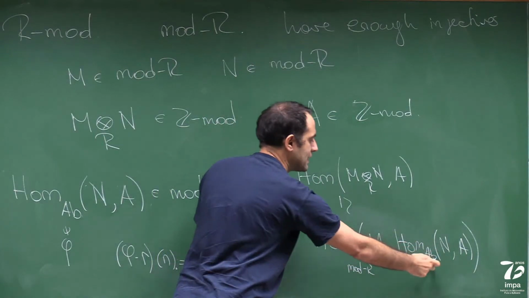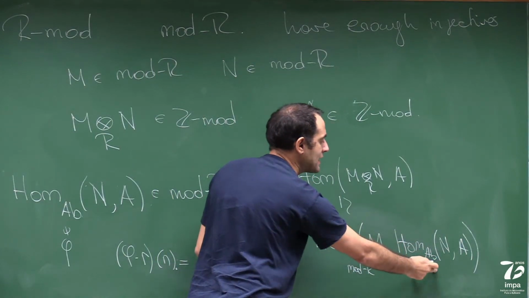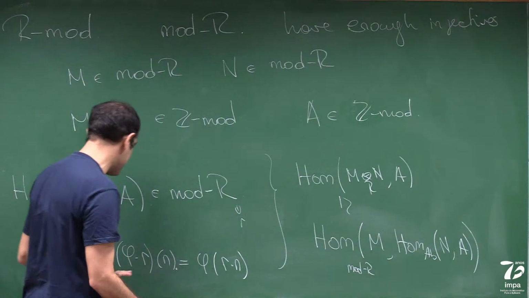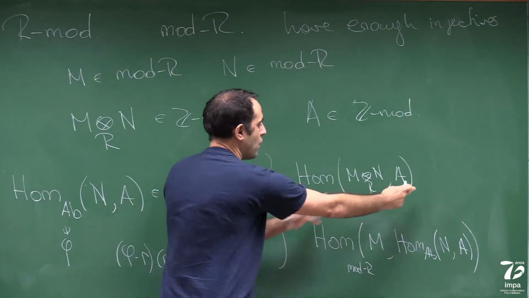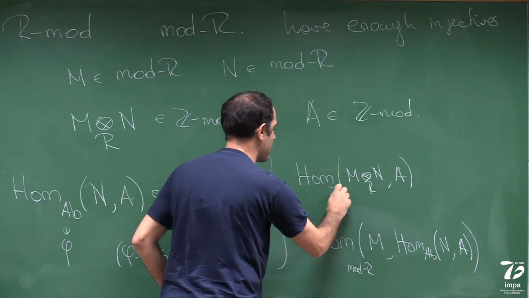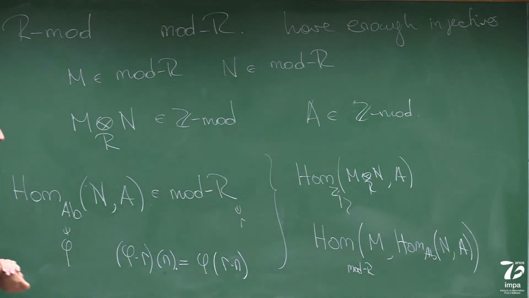This is a right R module, this is a right R module, and this right R module structure was coming from the left R module structure on N. And this morphism here, well, both sides are just abelian groups, so this is in the category of Z modules. So that's the hom tensor adjunction once more.